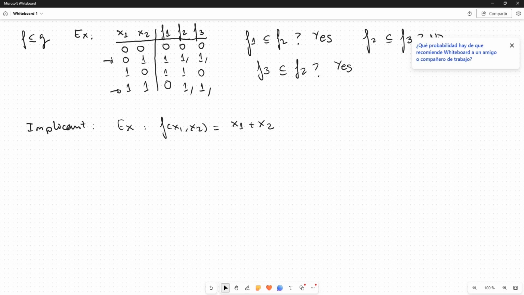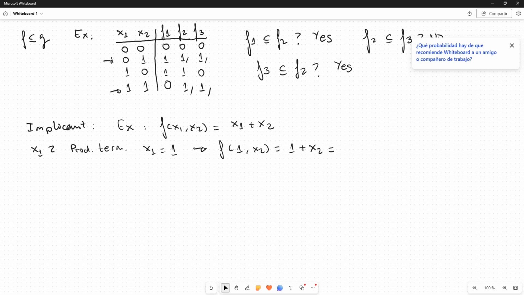So, for example, is x1 an implicant of the function? The first thing, is x1 a product term? Yes, it's a product term because it's a literal from topic 4, remember. x1 implies the function. So if x1 is 1, the function is like this.